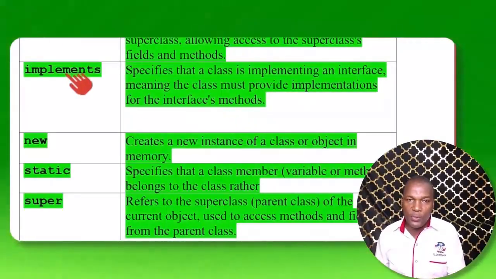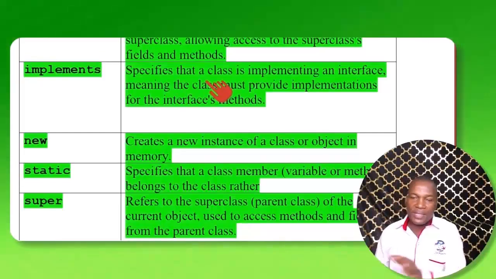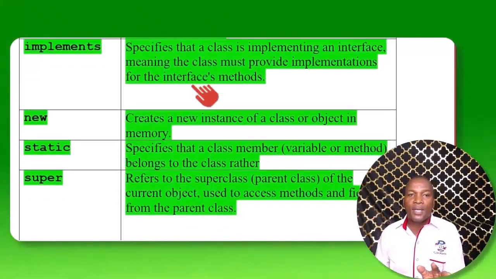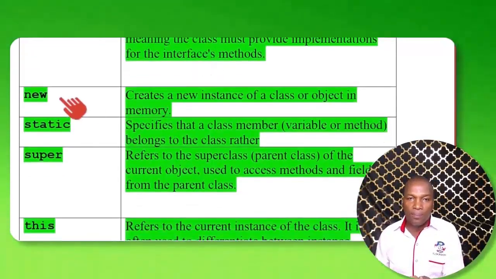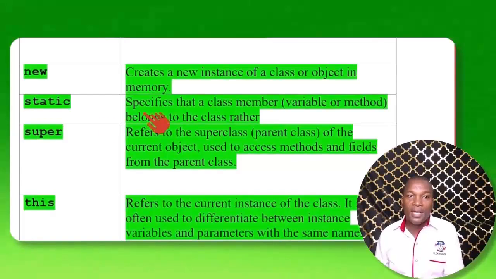So when we are using the keyword implements, mostly it will feature when we look at classes versus interfaces. Then we have the keyword new. The keyword new creates a new instance of a class or object in memory. And then we have the keyword static. Static specifies that a class member, variable, or method belongs to the class.